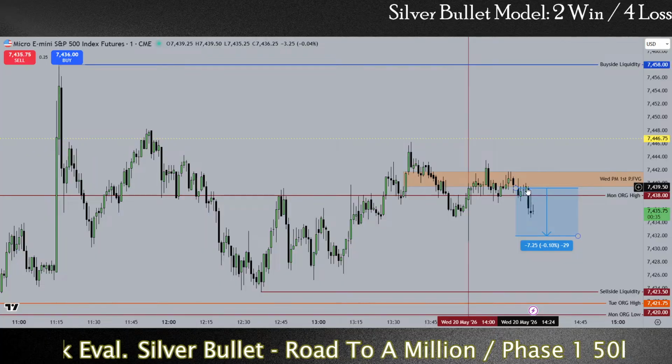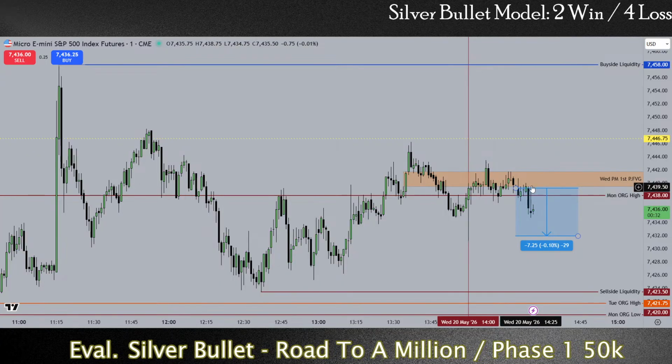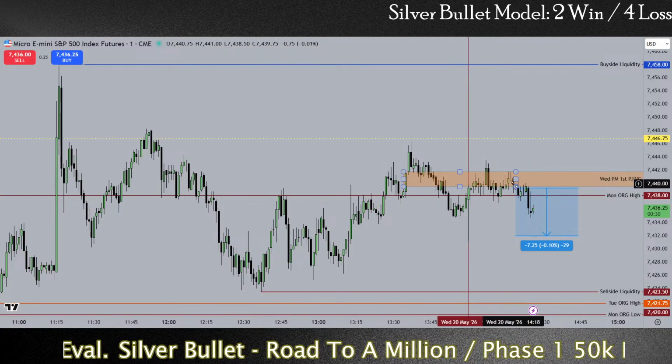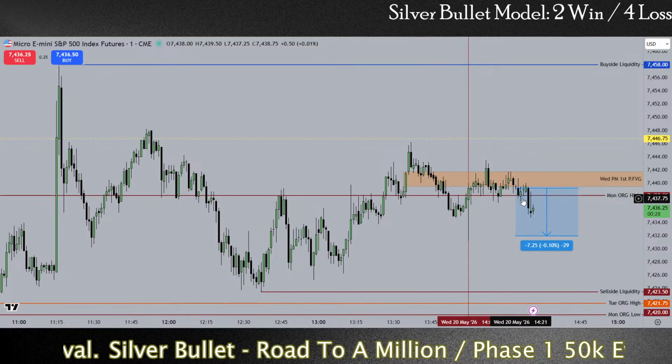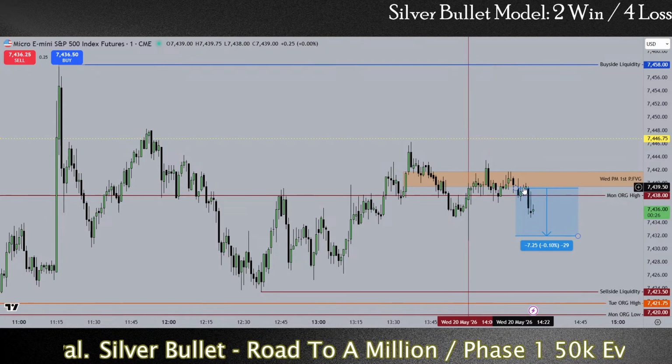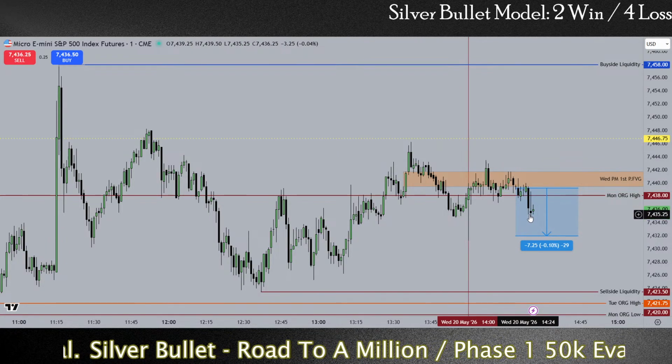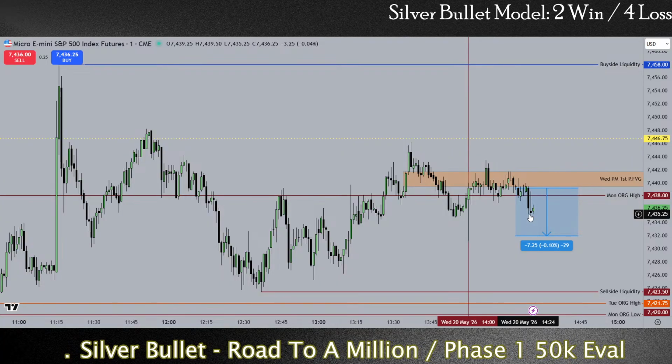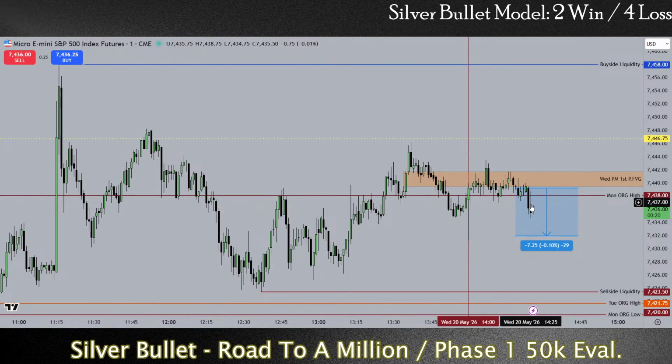Let's see if we can move away from this Wednesday PM session first presentation. We traded below it, into it slightly, respected, then price moved lower nicely. Immediate rebalance on this candle in here.